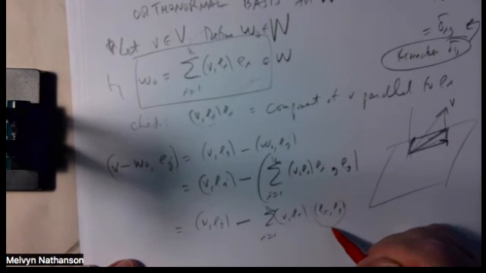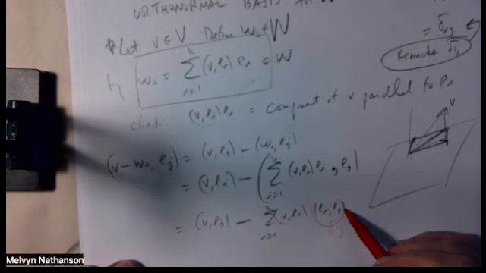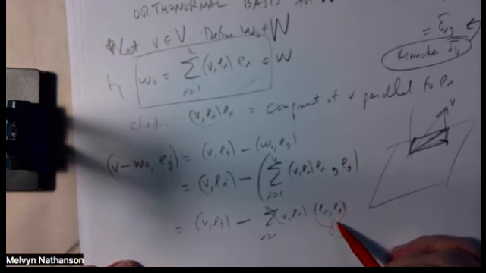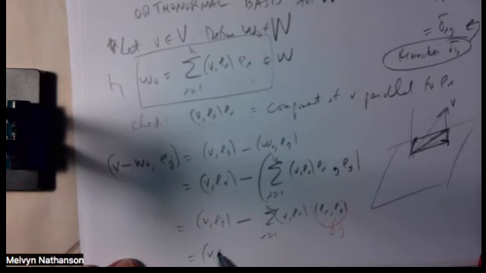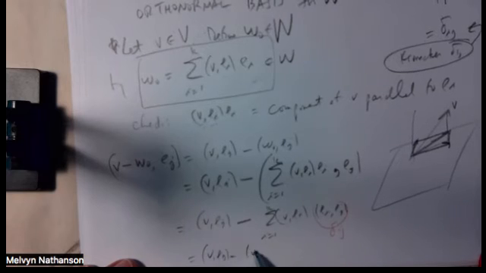But this is delta IJ. This is 0 unless I is equal to J. And when I equals J, you get V, EJ minus V, EJ, which is 0.